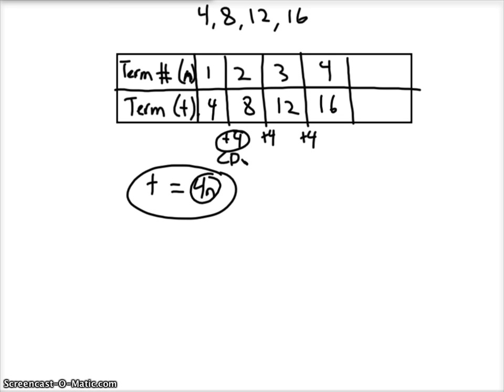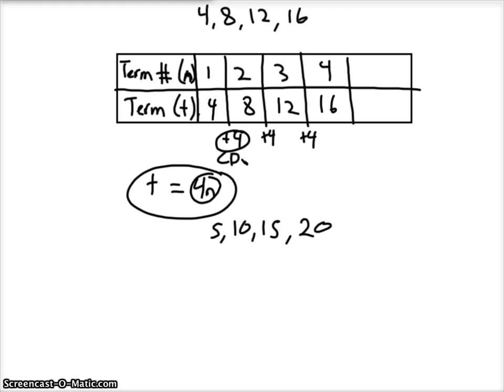Sometimes you may have to find the difference, just like we did in our last problem. So let's just do a quick example. I'm looking now at the very bottom of the page, and I'm going to do 1b. We are given 5, 10, 15, and 20. I'm not going to put it in the chart, but if you want to, that may be helpful for you.